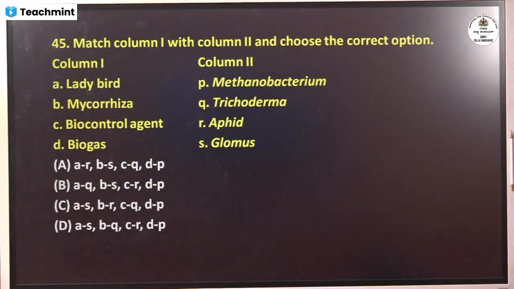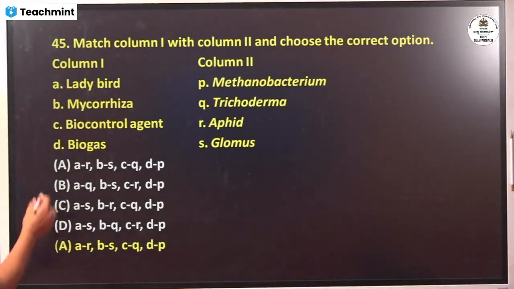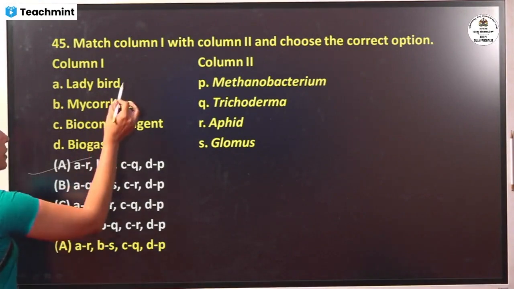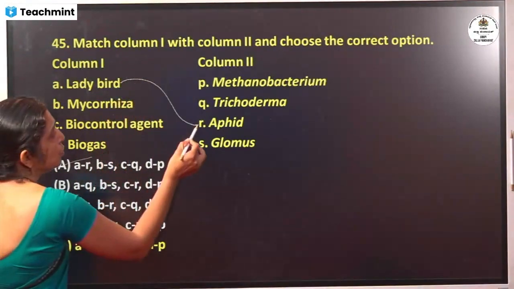Match column 1 with column 2 and choose the correct option. Column 1: ladybird, mycorrhiza, biocontrol agent, biogas. Column 2: Methanobacterium, Trichoderma, aphid, Glomus. So here, the right option is A, wherein the ladybird is used for the aphid population.